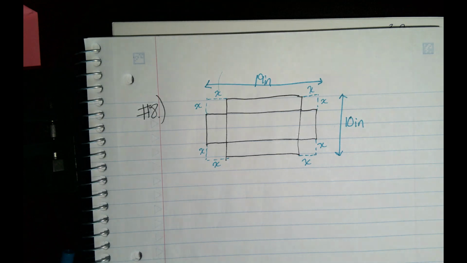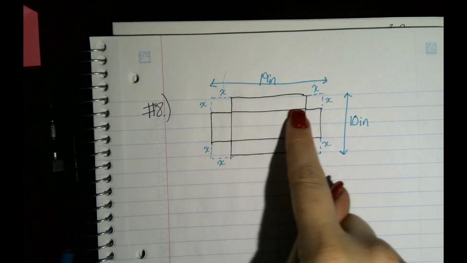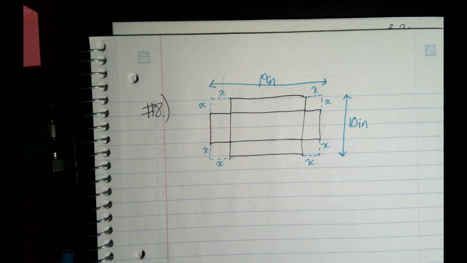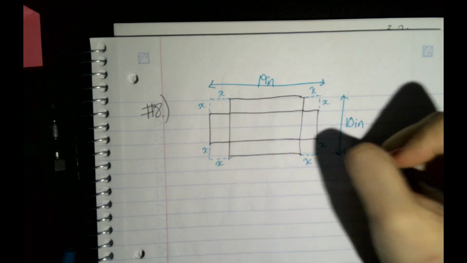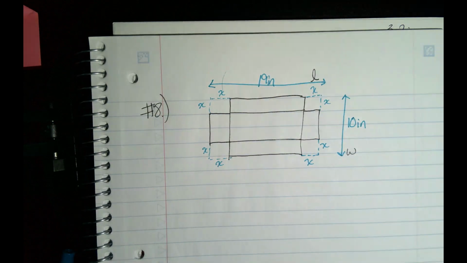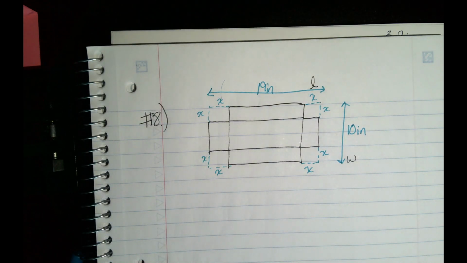Sorry. Okay, so they're giving me the length from here all the way over here, including the x's. Now, one thing that helped me when I solved this problem was I put a W here and an L here, just because they did tell me what they wanted me to consider length and width. So the 19 went with the length and the 10 went with the width.